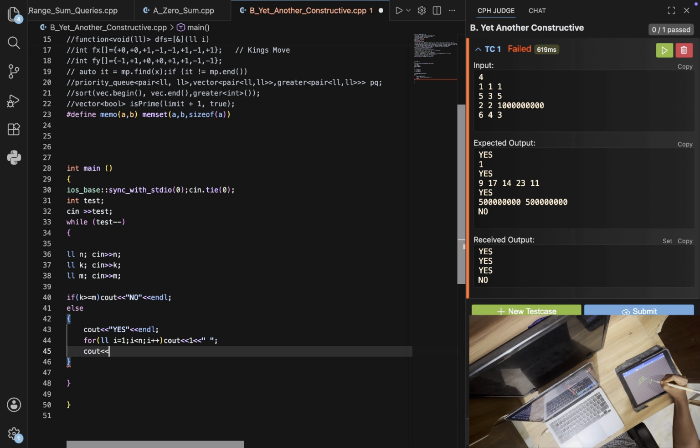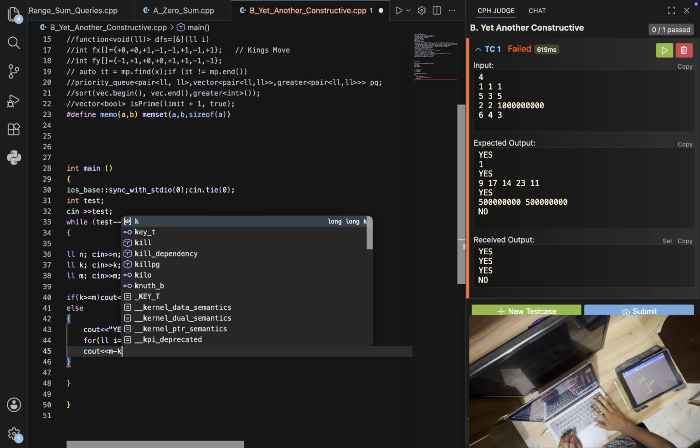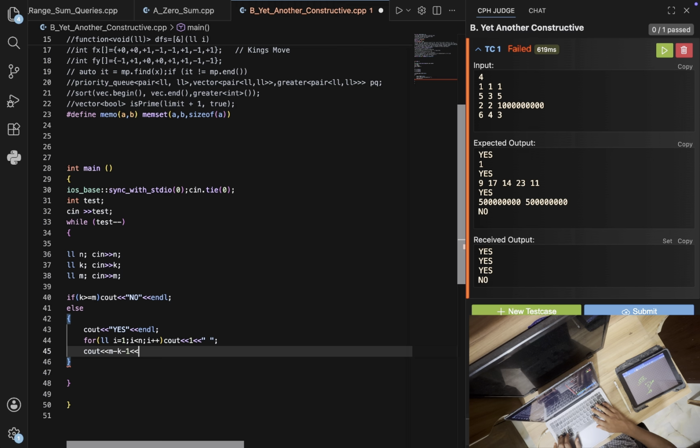I got some 2, but I need 5, let's say. So 5 plus 2 is 7. Now 2, I just need 3 actually. See out M minus K minus 1.